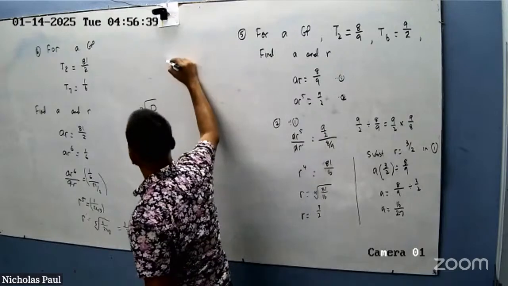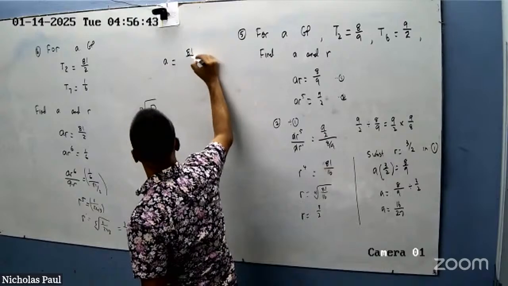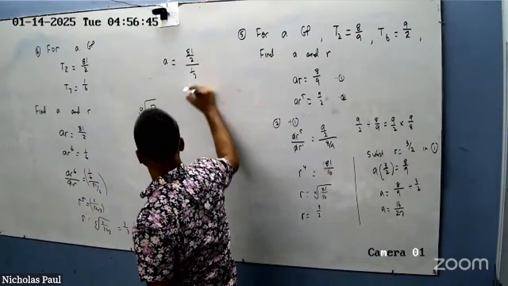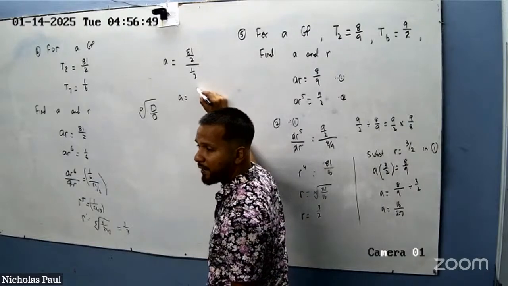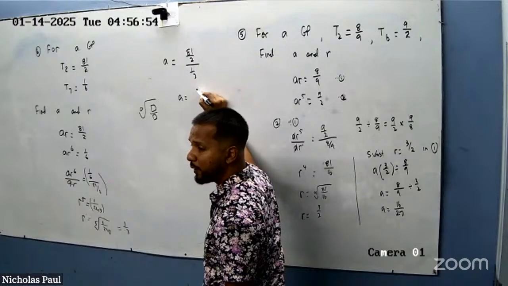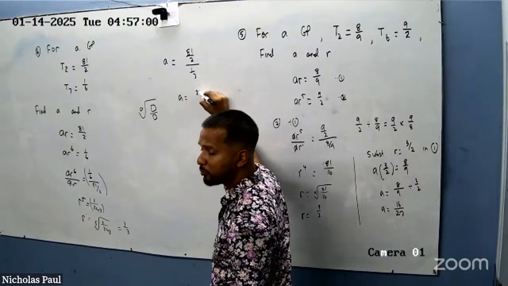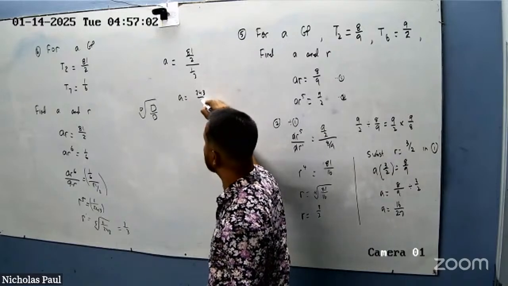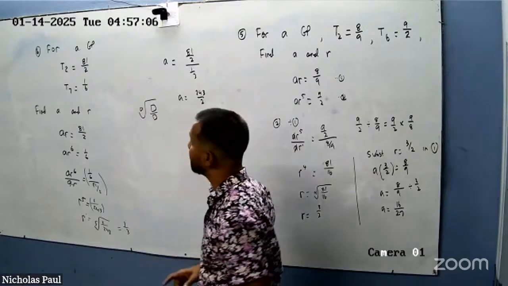Press shift and look for it. So A will be equal to 81 on 2 divided by 1 over 3. How much is that? 121.5. Tell me the fraction. 243 over 2. Yeah, you can leave it like that. That is the same thing as 121.5.